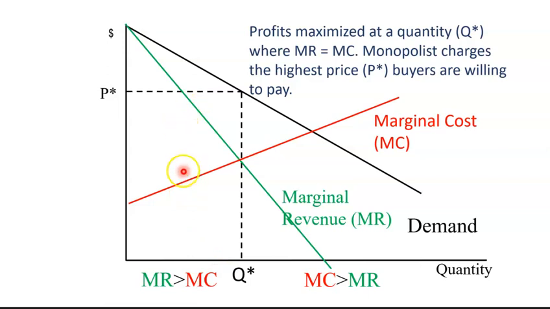There's a gap there. That means that if the firm produces a little bit more, it adds more to its revenues than it adds to its costs. That must mean that its profits are increasing. And that argument is going to continue to hold right up to this point here. If we go anywhere beyond that, the additional costs are greater than the additional benefits, in this case, the benefits of additional revenues.